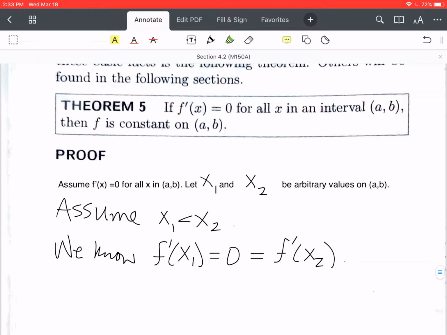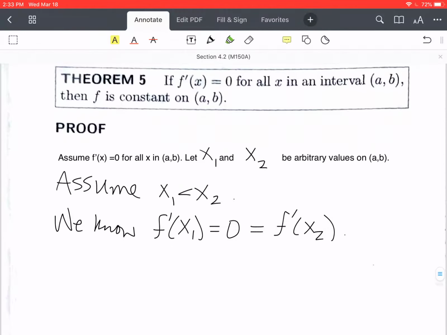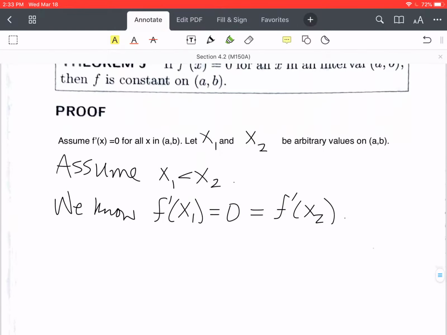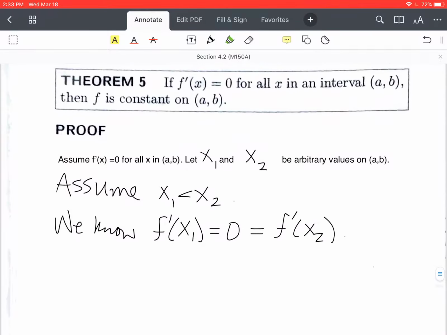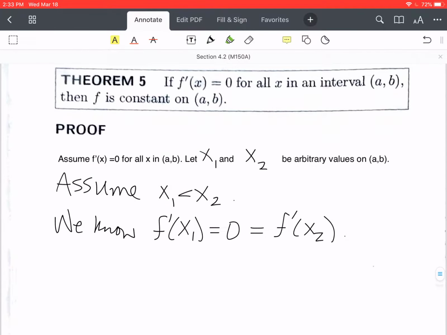So now, if we're utilizing the mean value theorem, when you start thinking about this in the context of instantaneous rates of change versus average rates of change.